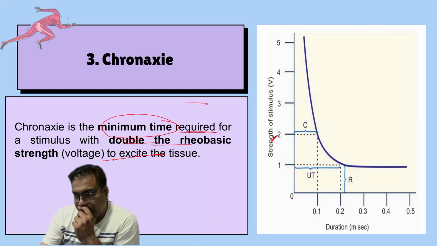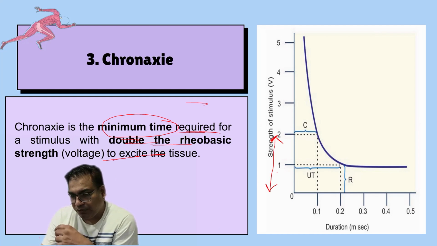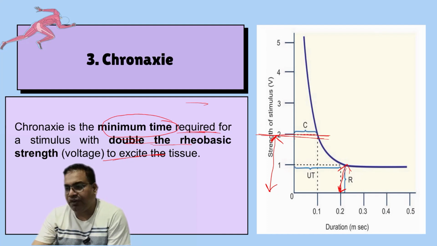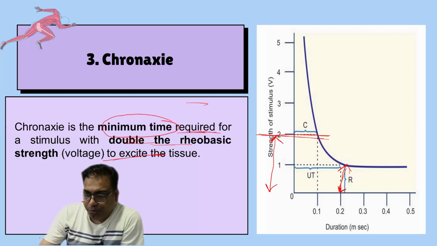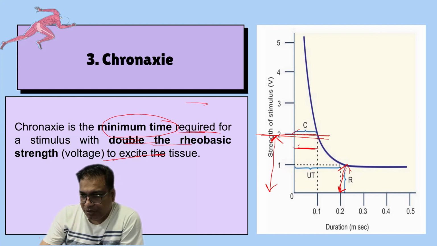If we mark a point where the strength of stimulus is double the rheobase, where rheobase is the minimum strength of stimulus, and if we calculate the duration at that point, this duration is called chronaxie.